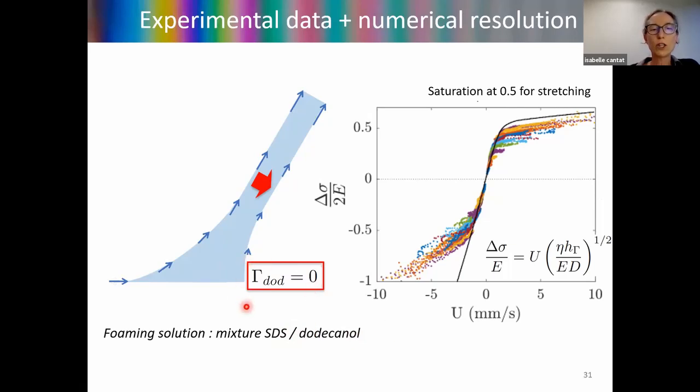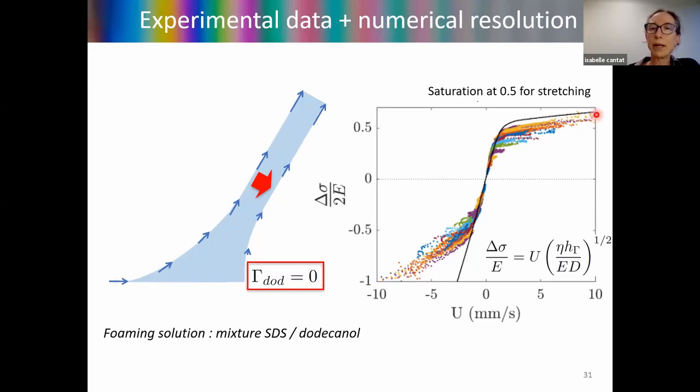So the concentration I need to consider is the concentration of dodecanol only, and this one can reach the concentration 0 here, which corresponds in the model to a system that you can freely extend without additional resistance, because only if you have no more dodecanol at the interface, there is no more elasticity in the film.